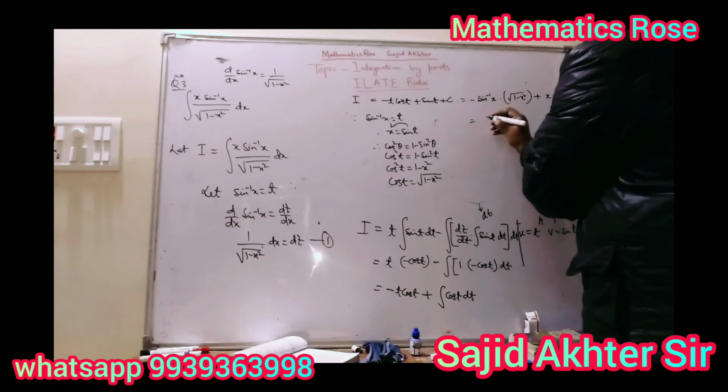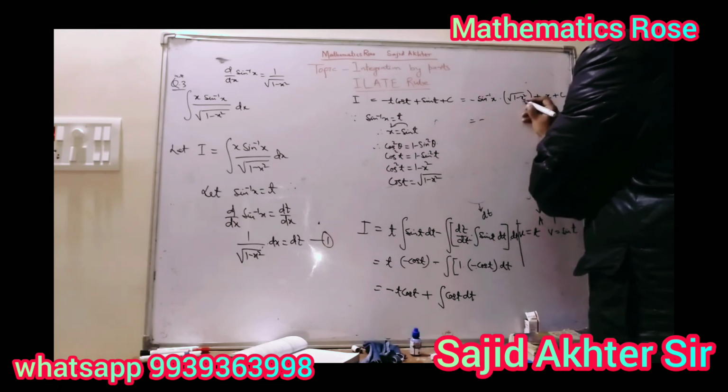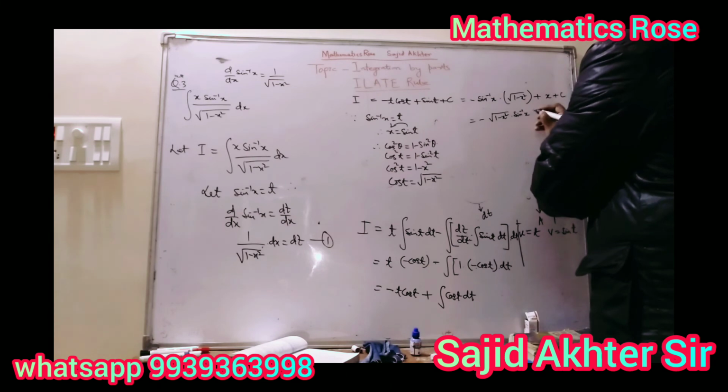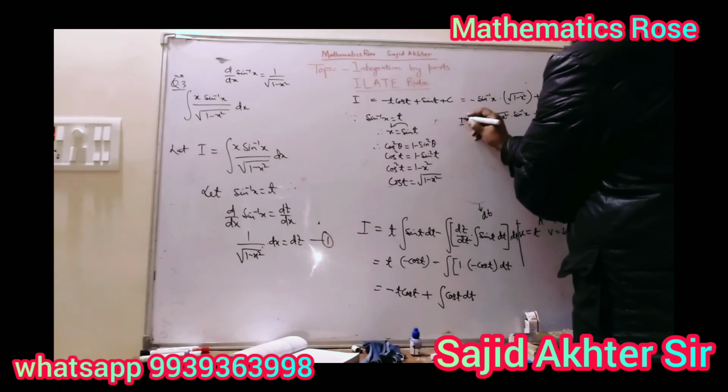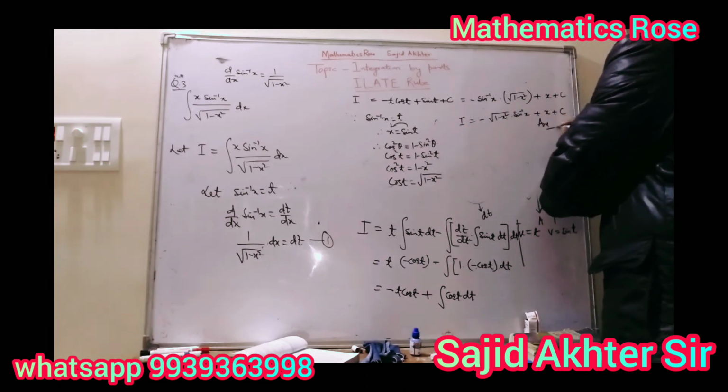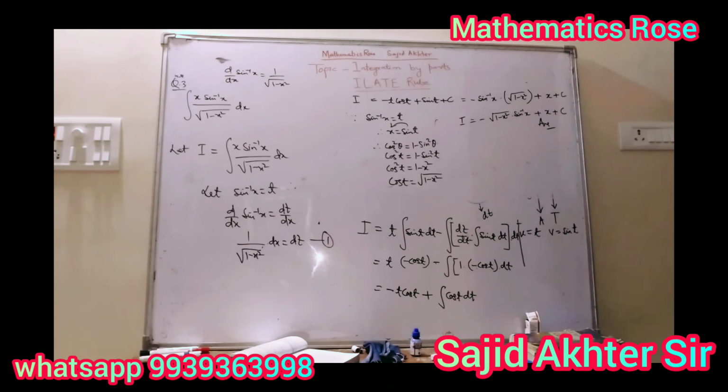Now we can write here minus, this is taken as first. So root under 1 minus x square sine inverse x plus c. So this is the answer of the given question.